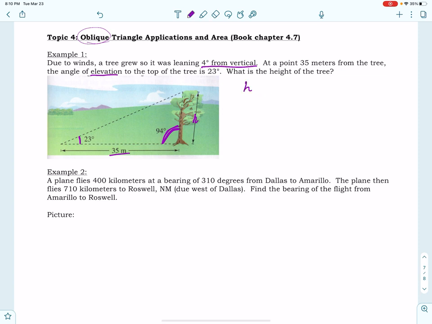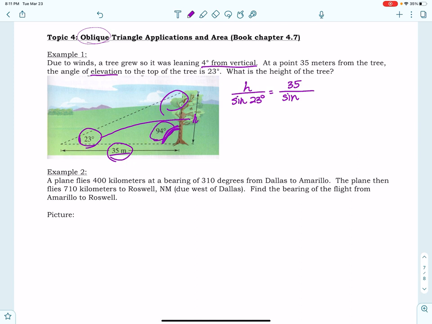You can use height over the sine of the angle opposite it, which is 23 degrees. And if we had this angle right here, we could use 35 over the sine of that angle. In this triangle, we have 23 degrees and 94.